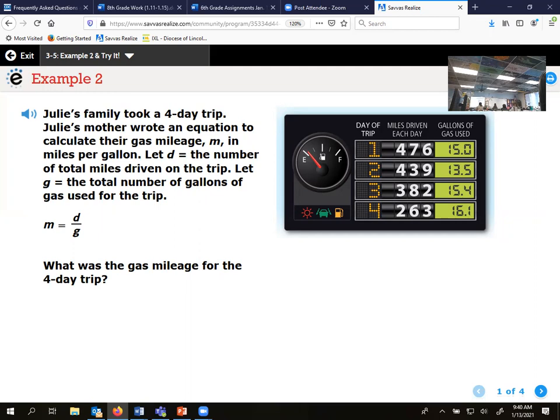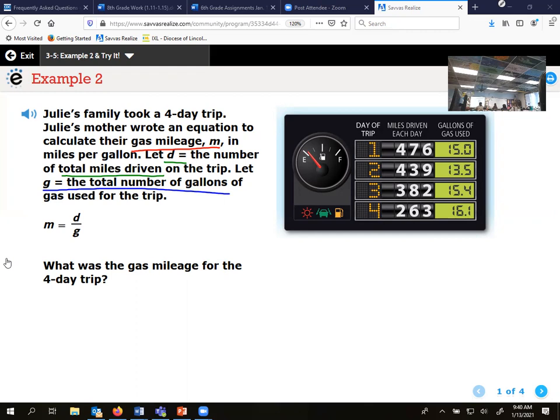Can we find the information we need by looking at the chart? Okay, we have, let's see, gas mileage was M. D is total miles driven. And G is the total number of gallons. Can we find all that information from our chart?